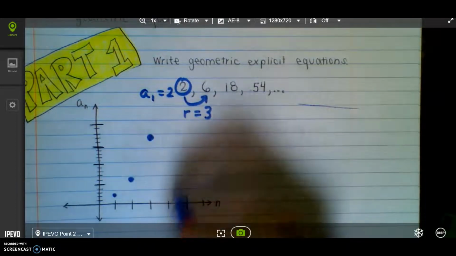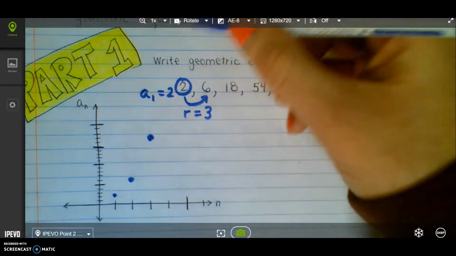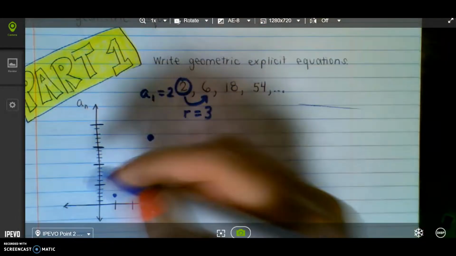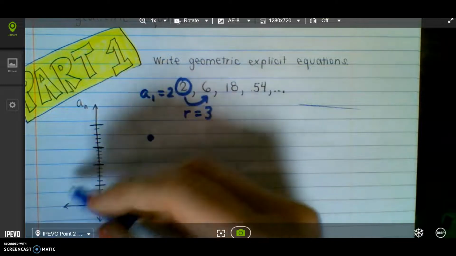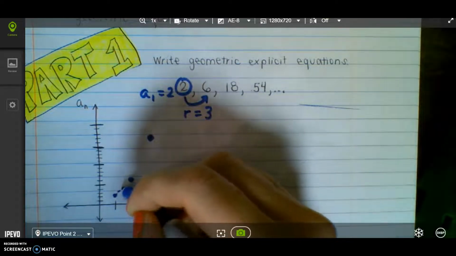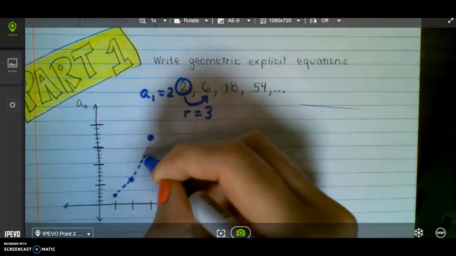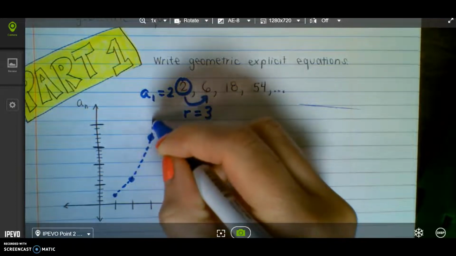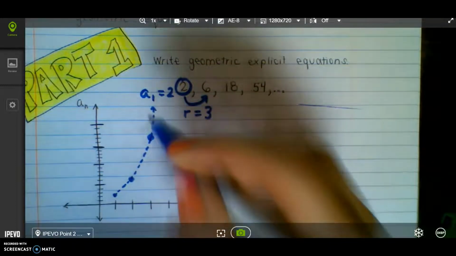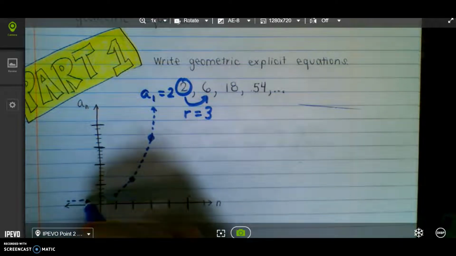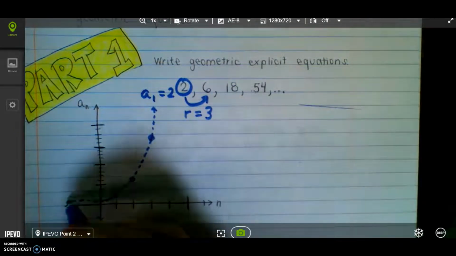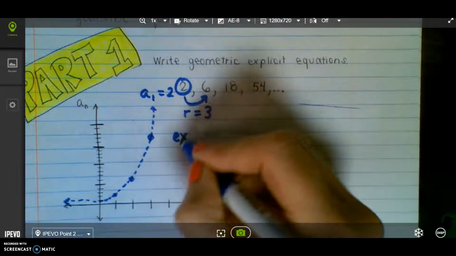And the fourth term is all the way up at 54, which is off my page. Raise your hand if you can see what type of function a geometric sequence models. You got it. Exponential.